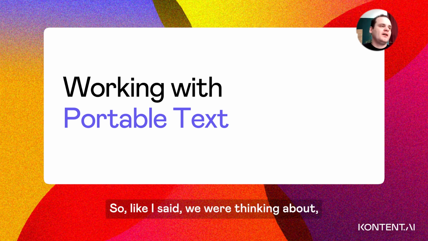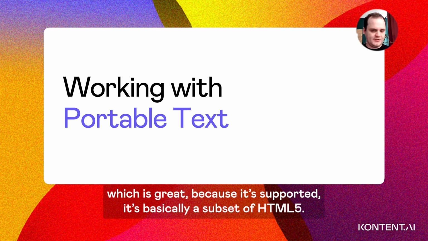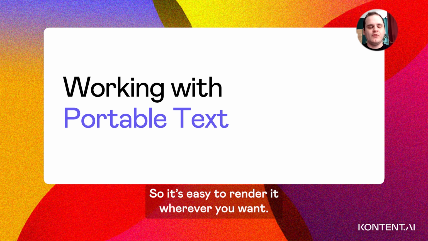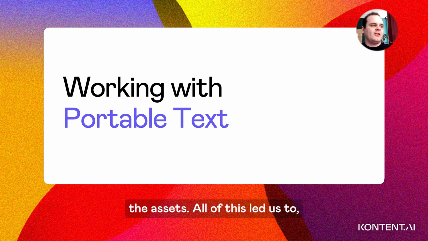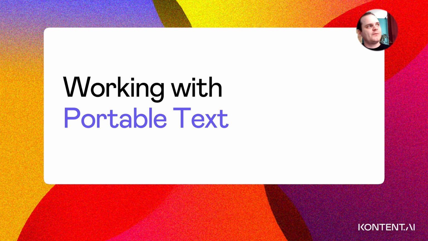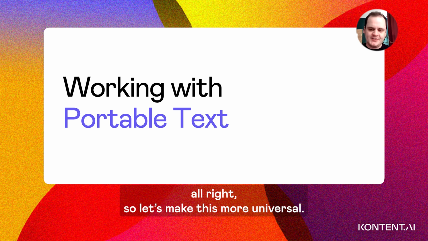Yeah, sure. So like I said, originally our rich text is represented as HTML, which is great because it's supported. It's basically a subset of HTML5, so it's easy to render it wherever you want. But since then, there were many additions, like I said, the structured content, the assets, and all of this led us to sit around and think about, all right, so let's make this more universal.